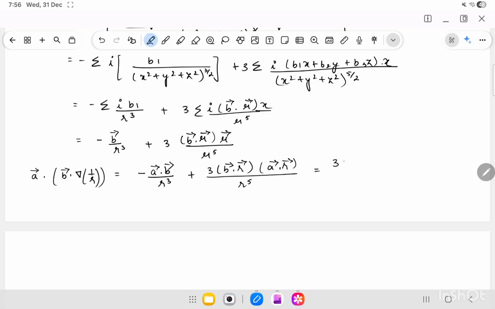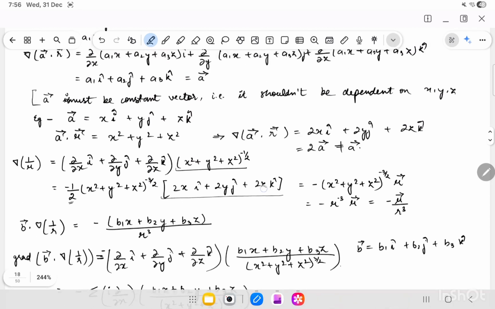So we can write it as 3 times (b vector dot r vector)(a vector dot r vector) divided by r raised to 5 minus a vector dot b vector divided by r cube. So this is the relation we have proved.